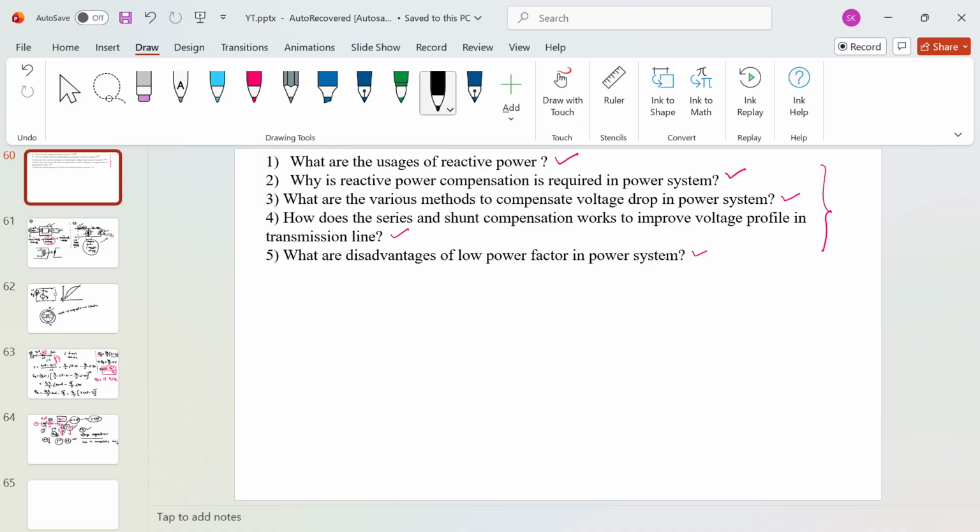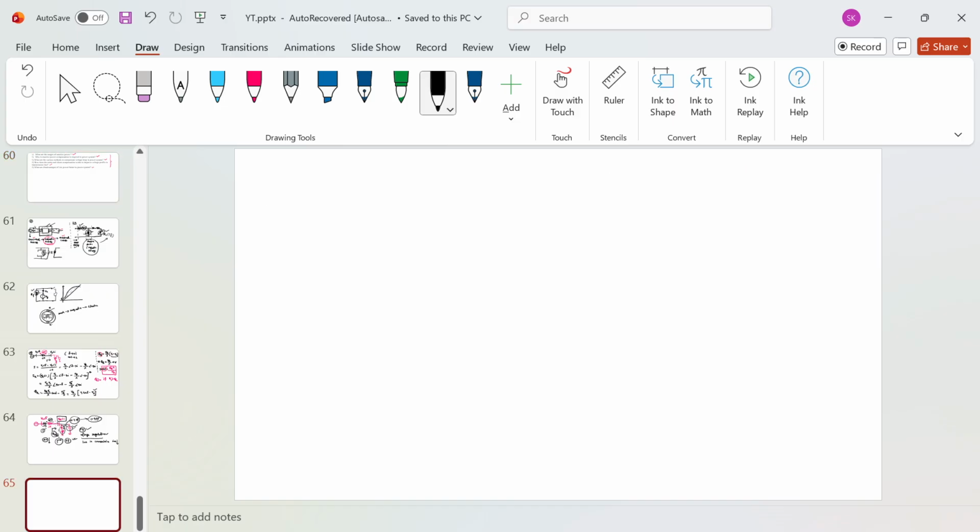And what are the various methods to compensate the voltage drop in a power system? See, basically you can have various methods. Let's say you have a synchronous generator, inductive reactance lines, and some load here. Because of this inductive reactance, you have more line drop here.